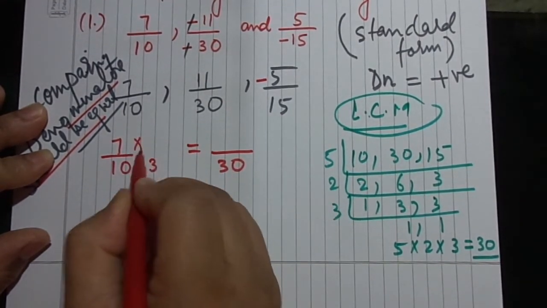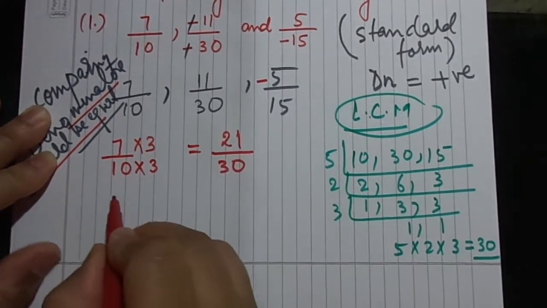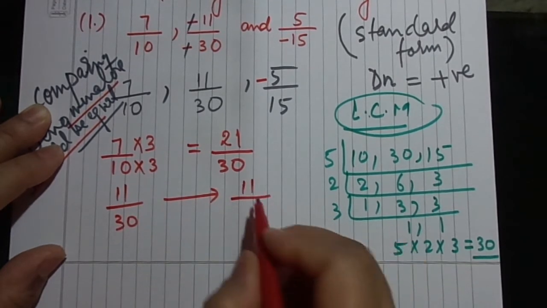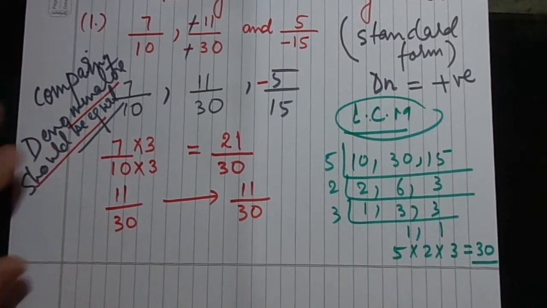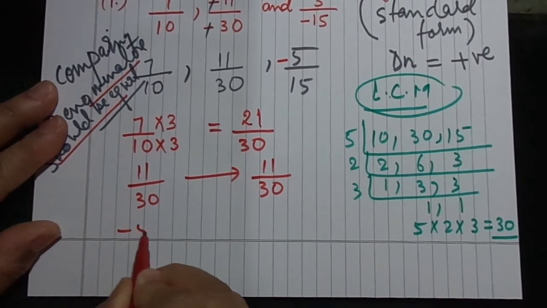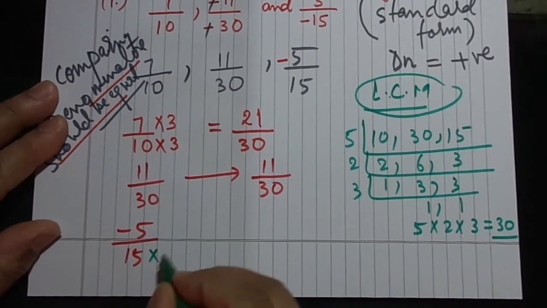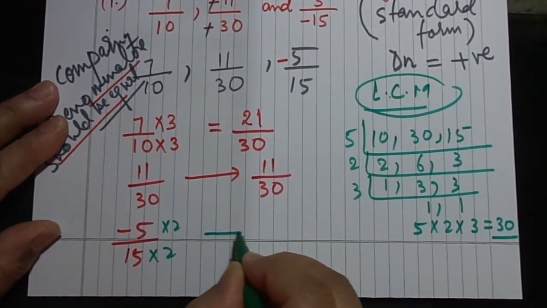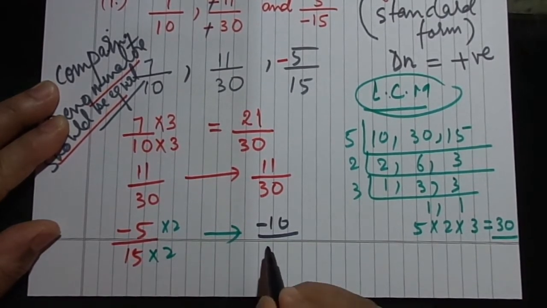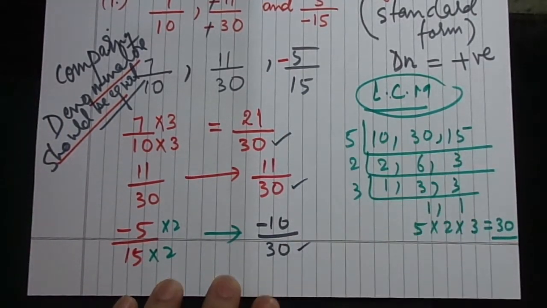So I have to multiply the numerator also by 3, 21. 11 by 30 is already in its simplest form, 11 by 30, and minus 5 by 15. If I multiply the denominator by 2, numerator also by 2, and I get minus 10 by 30. So I see over here that all the denominators are equal.